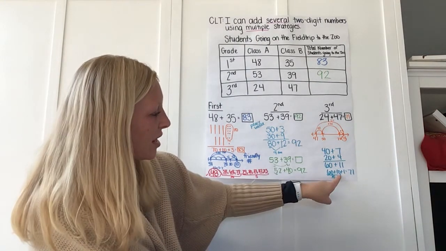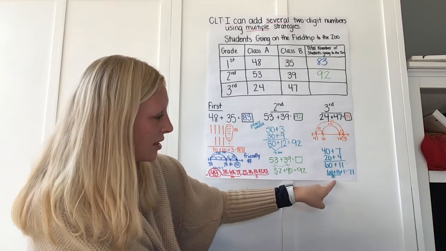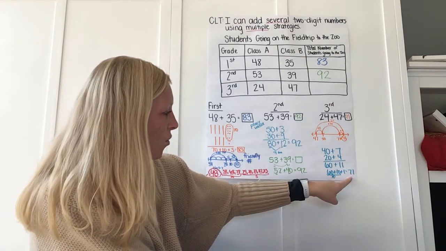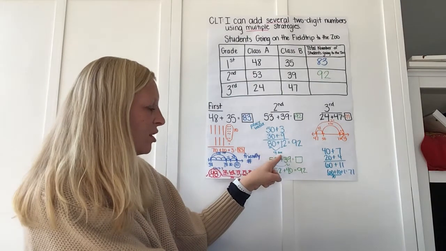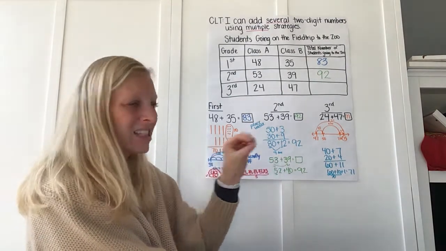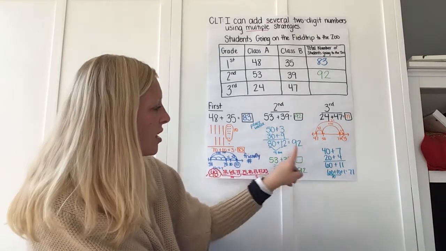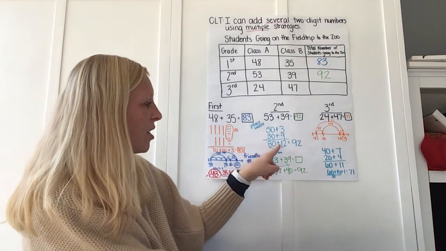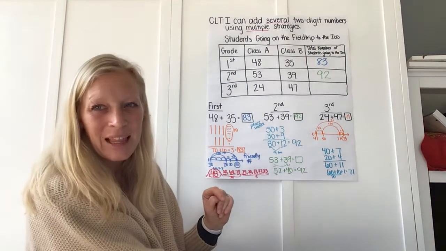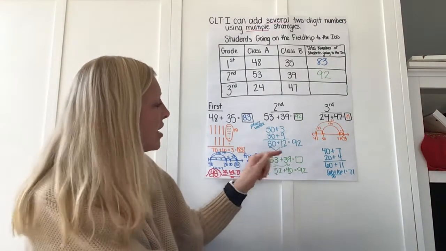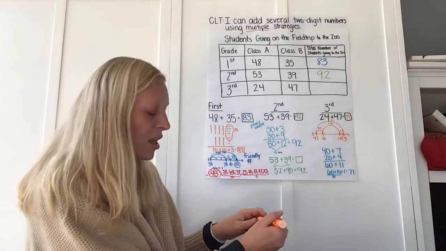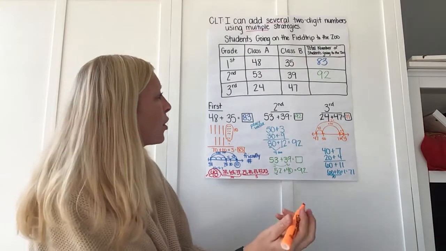So they're breaking it up into 10 and 1, so they see 70 and then 71, which is a lot like what this friend did here too, right? They just didn't expand it quite as much. This friend expanded that 11. This friend just looked at those numbers in the 10s place, using that place value again to help them see what they were doing. And so how many friends were in 3rd grade?